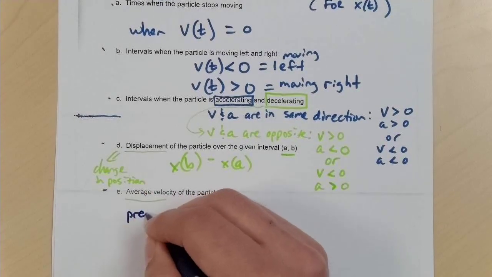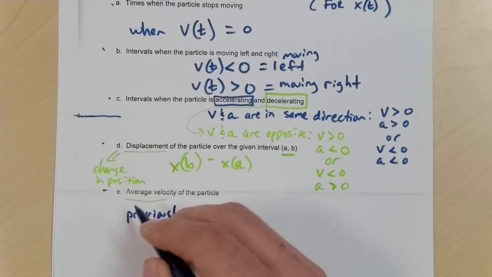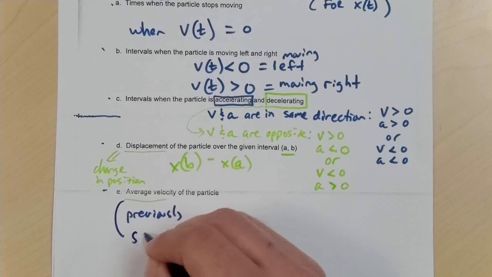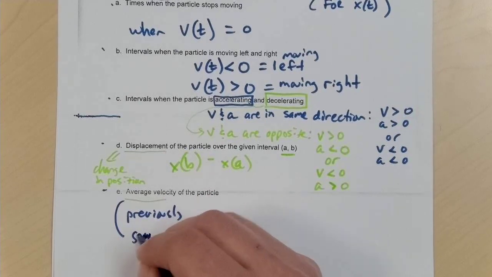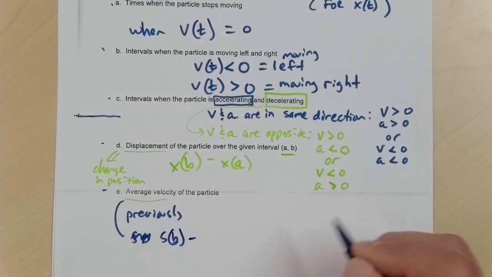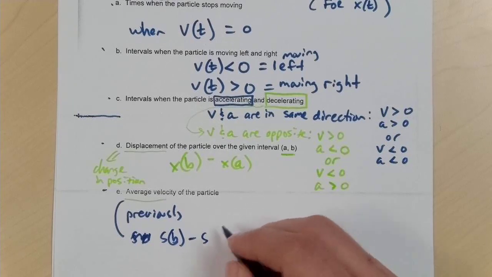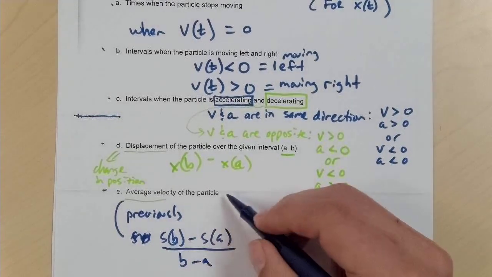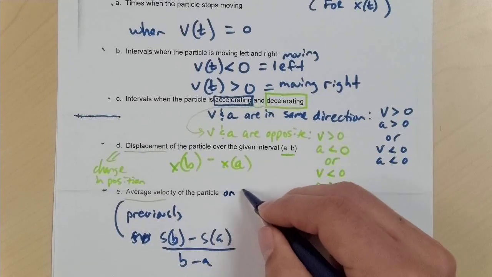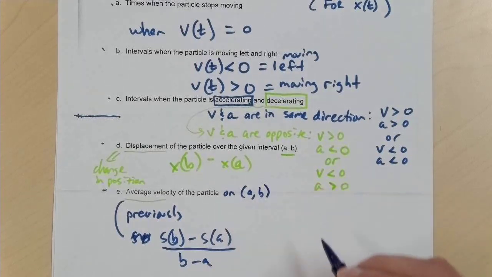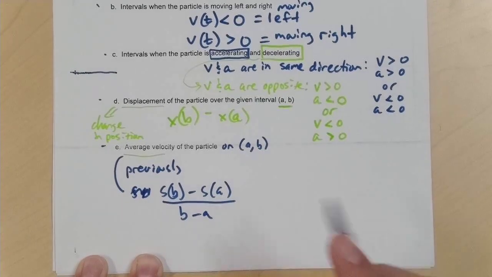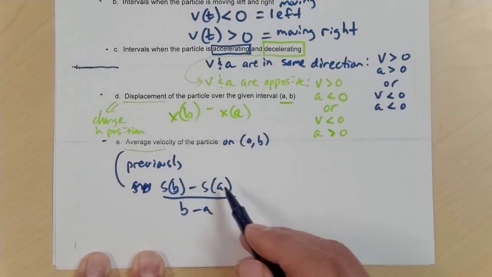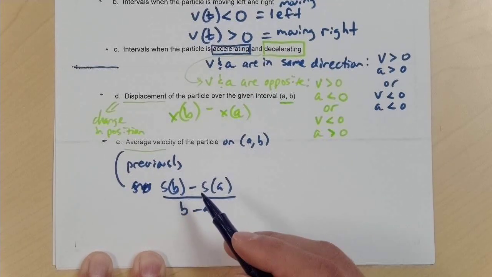Average velocity is similar to what we did before. Previously, we did S of B minus S of A over B minus A, and I should add, that's the average velocity of the particle on the interval from A to B. Previously, we just used the average rate of change formula, or slope, whatever you want to call it.